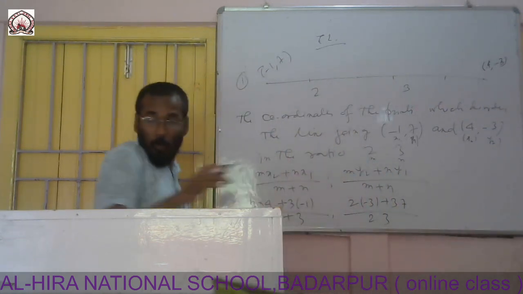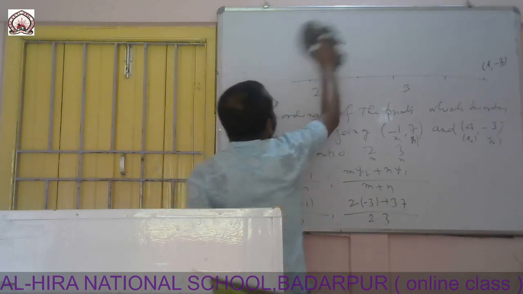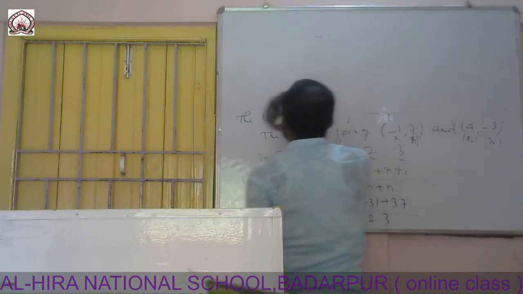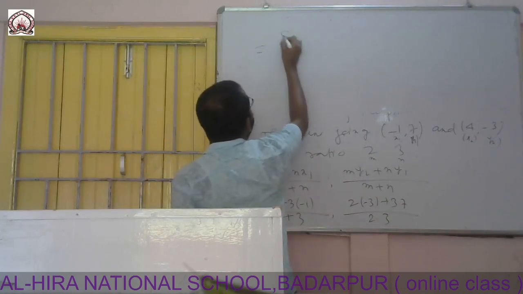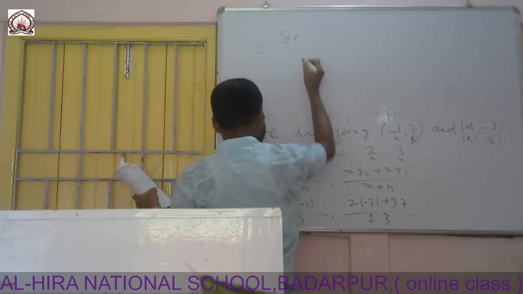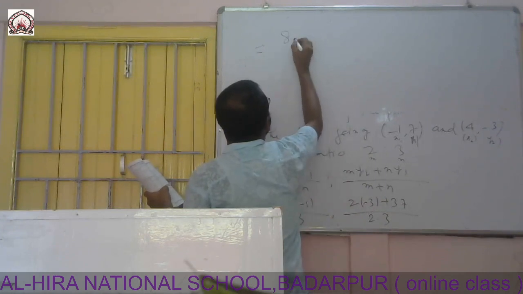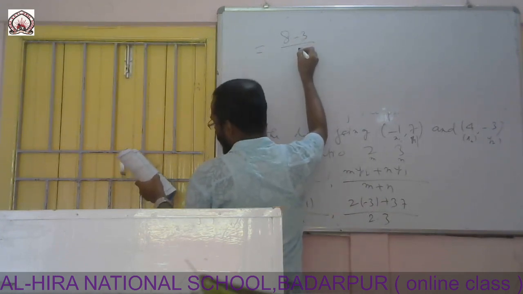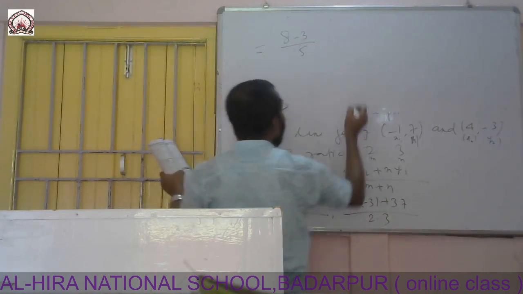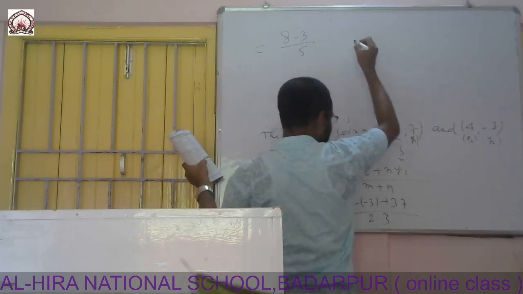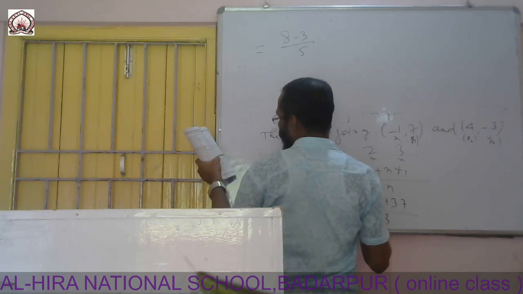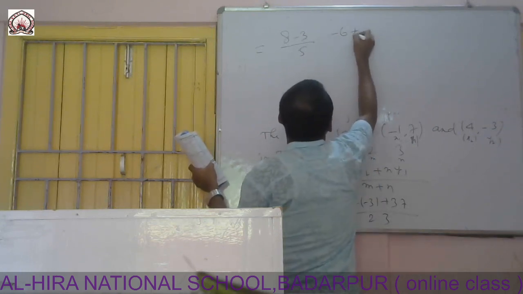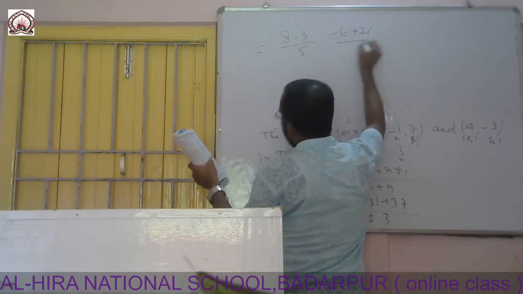So 2 into 4 is 8, plus 3 into -1 is minus 3, so 8 minus 3 by 5. And 2 into -3 is -6 plus 21 by 5.